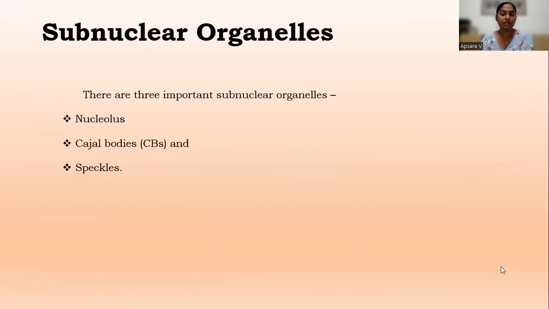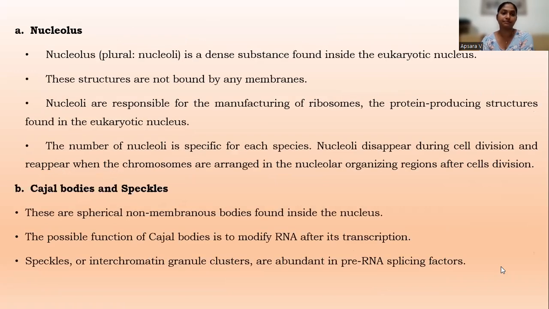Other than these major components, we also have subnuclear organelles. The three important subnuclear organelles are nucleolus, Cajal bodies, and speckles. Nucleolus is a dense substance which is found inside the eukaryotic nucleus. They are not bound by any membrane.